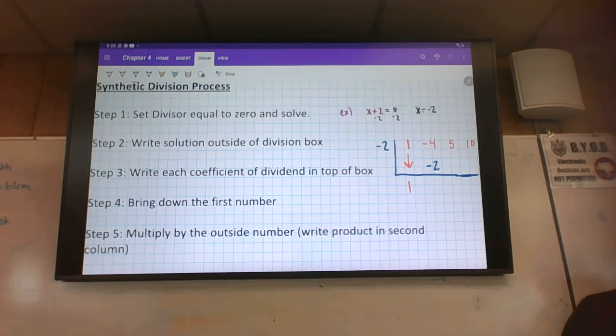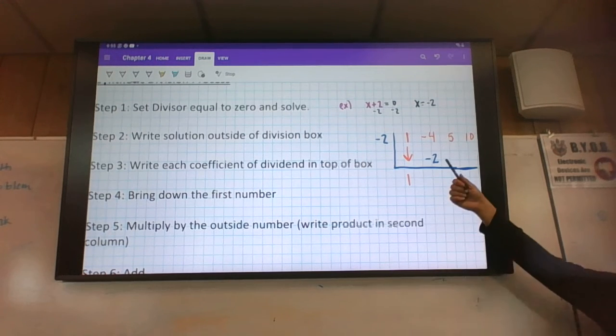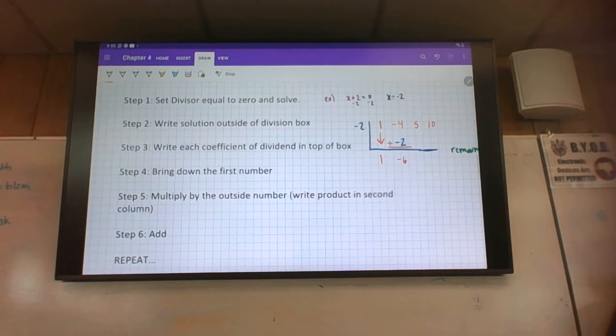It'll look crazy at first, but you'll learn this more quickly than long division, most likely. Okay, so we multiply, we put the number here. Step 6 is to add. So I would now add down: -4 minus 2, -6. And then after that, you just repeat that process till you get to the end.